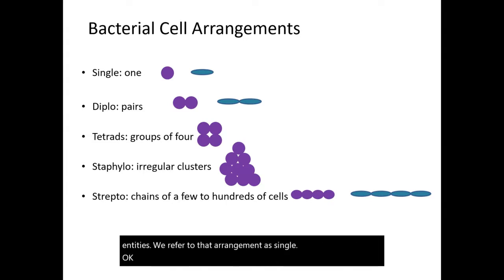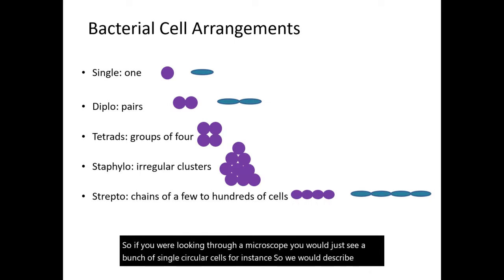Okay, so if you were looking through a microscope, you would just see a bunch of single circular cells, for instance. So we would describe the arrangement as single and the morphology as coccus. We might instead look through the microscope and see a bunch of rod-shaped cells hanging out by themselves. That arrangement, again, would be single, but we would use the term bacillus to refer to that rod shape.